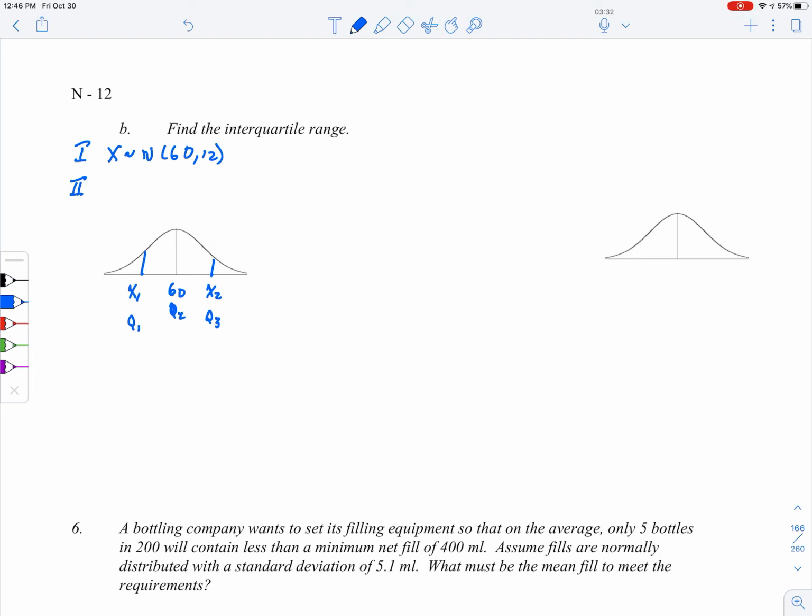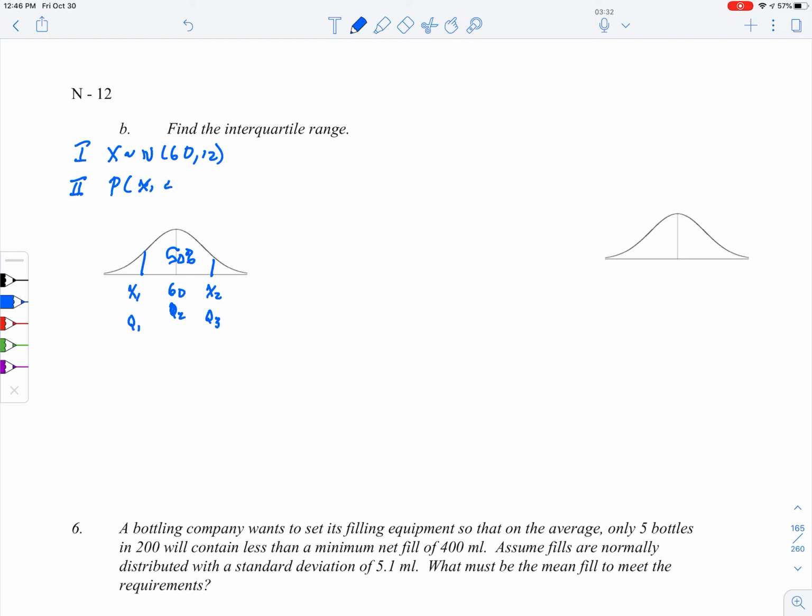Q2 is your median. All right. But this is the middle 50%. So you've got 50% here. Now that means that you've got 25% from X1 to the middle and X2 to the middle.